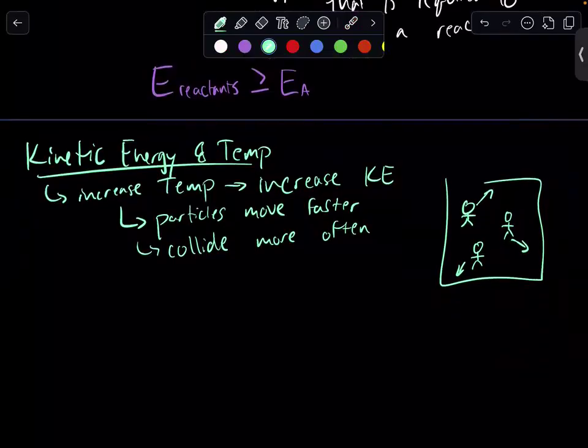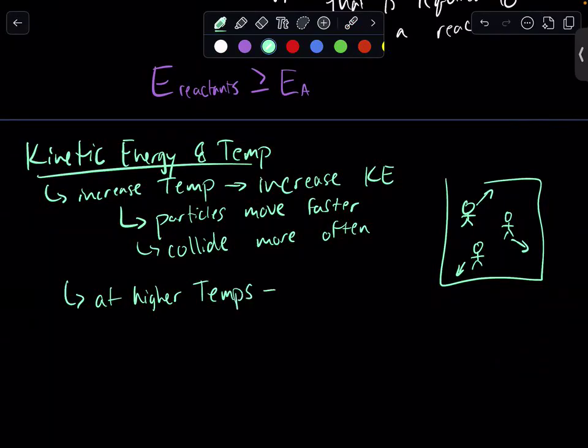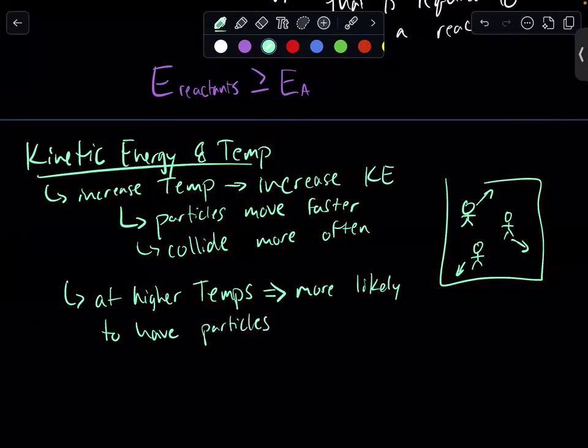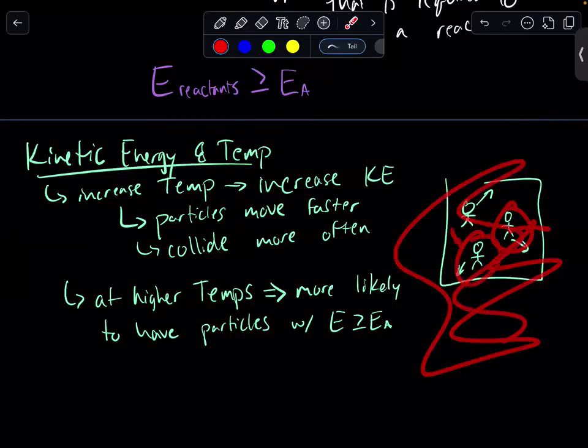Now, something that we need to be particular about, and I'm going to write it out here, is at higher temps, what we're really saying is that we are more likely to have particles with energy greater than or equal to activation energy. What I mean by this is that in a container or in a sample, even though one child might be moving super fast all around, the other child might be moving a little slower, and another child might be moving somewhere in between.